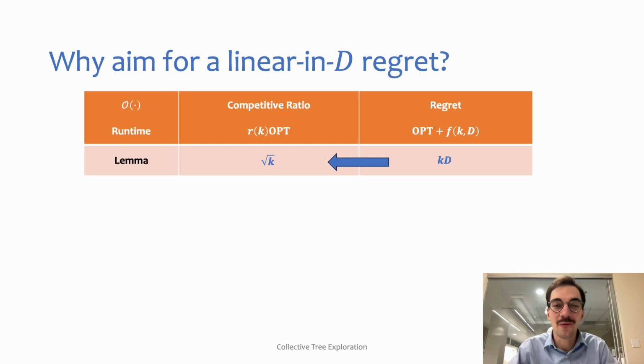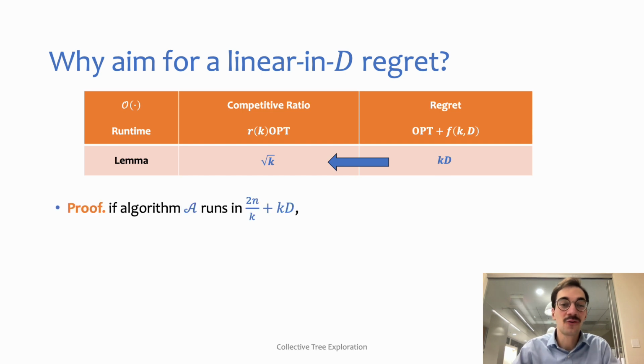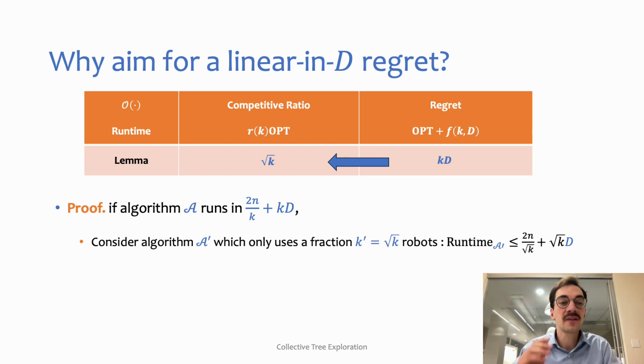So let me explain why a regret in kd implies a competitive ratio of square root k. The proof is actually extremely simple, so I'm going to do it. Assume that you have an algorithm that runs in 2n divided by k plus kd. Now consider another algorithm that actually uses only a fraction of the robots, k prime, equal to square root k.